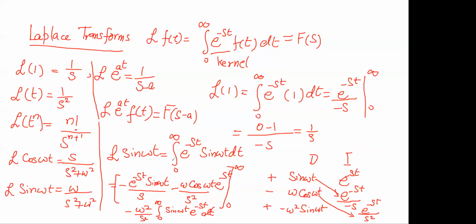Okay, this one. So we started from here: Laplace of sine omega t, and that was equal to the integral 0 to infinity e power minus st sine omega t dt.